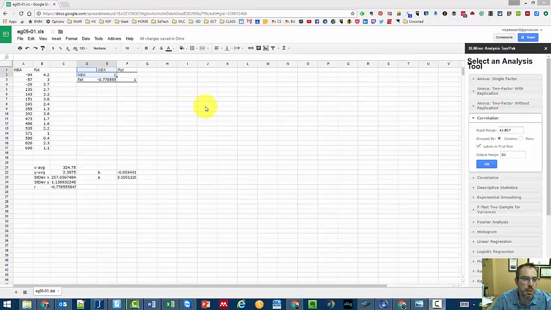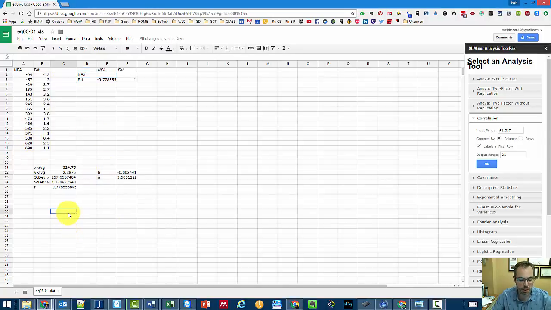Hey everyone, if you recall, last time we were taking a look at this NEA versus fat gained and trying to look at the correlation, and I showed you how to build that formula, which, if you remember, was y equals a plus bx.